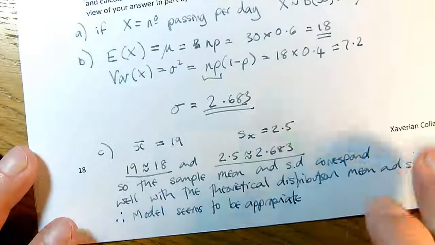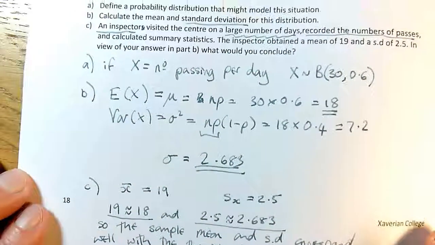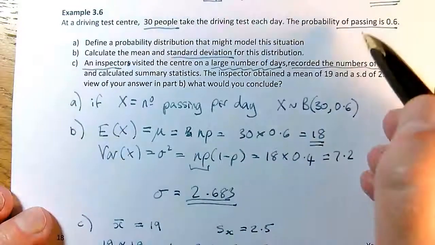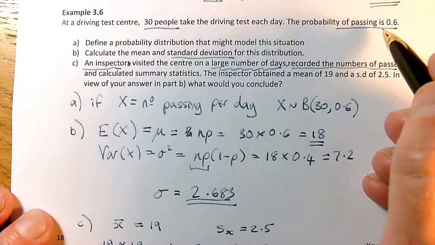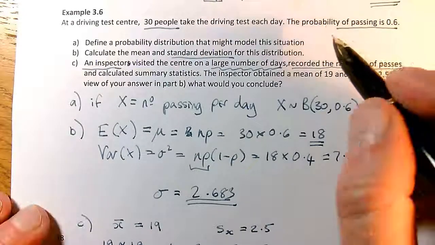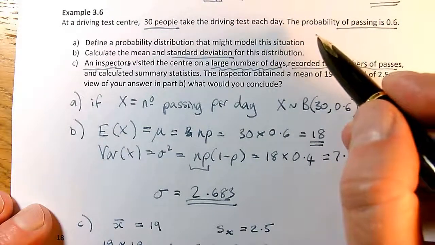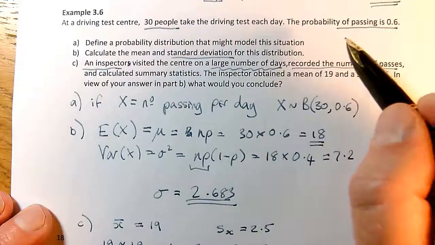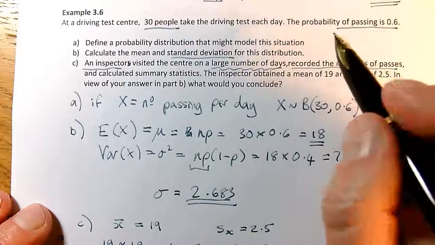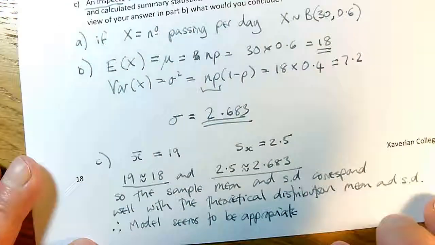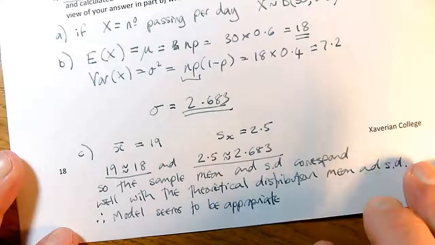Okay, well, why would the model not be appropriate? Well, there are assumptions for a binomial. It is telling me there's a particular probability of passing, but the other assumption for a binomial, the one we so often have to write down, is the one about independence. If the people were not independent of each other in terms of whether they passed the test or not, then I wouldn't have a binomial model, and I wouldn't necessarily get such a good approximation here.